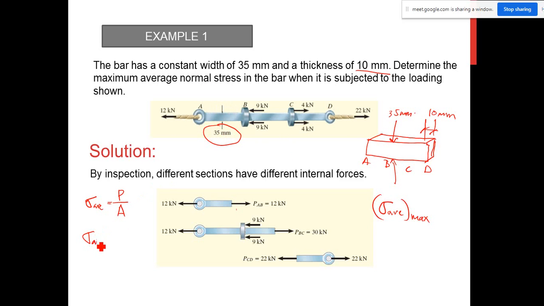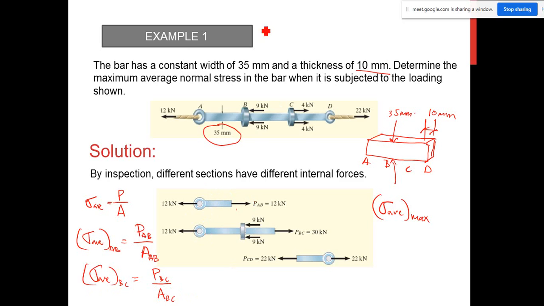You write sigma average for AB is equal to PAB over AAB. If you want to calculate the stress at portion BC, you write sigma average BC is equal to PBC over ABC, something like that.